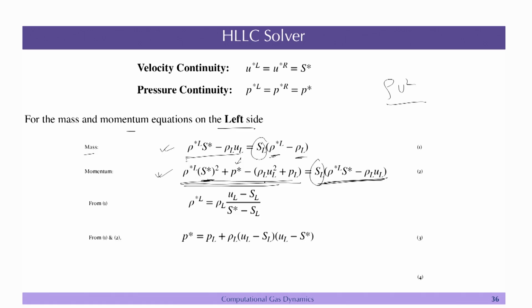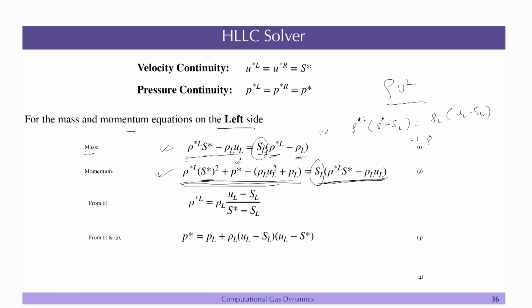From the first equation you can get rho star L by manipulating it: rho star L times S star minus SL will be equal to rho L times uL minus SL.